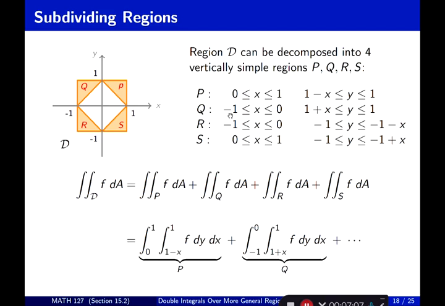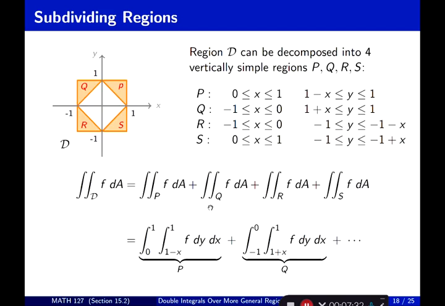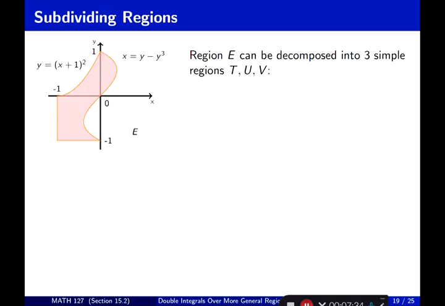By the way, this could have been set up differently, with the x direction inside, or any combination of that, as long as you break it down into 4 or more correct integral pieces. So, subdividing regions again.